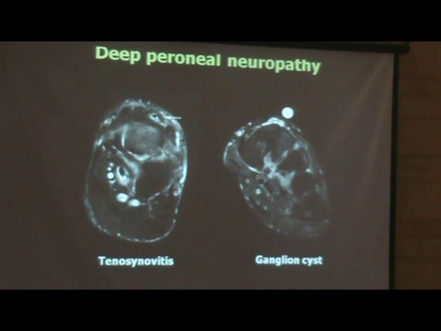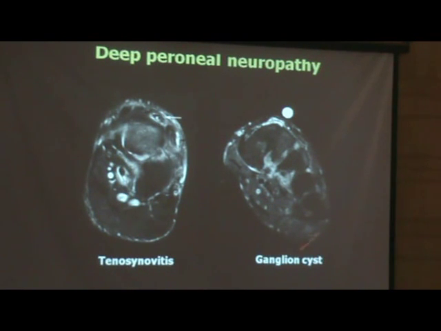So some examples for you. This is important tenosynovitis of the extensor tendons. And remember, the extensor tendons have a close relationship with the deep peroneal nerve. You can see here some acute or subacute denervation pattern of the extensor digitorum brevis muscle.